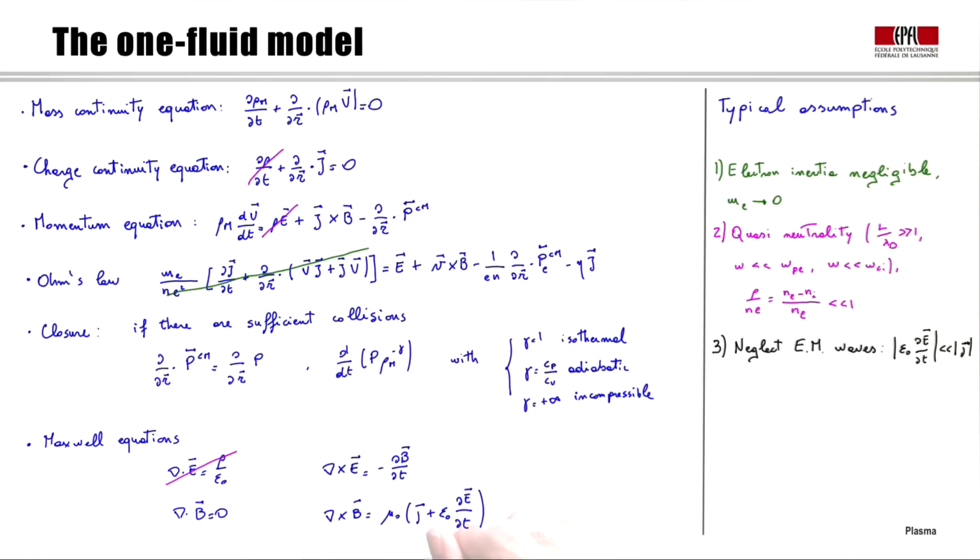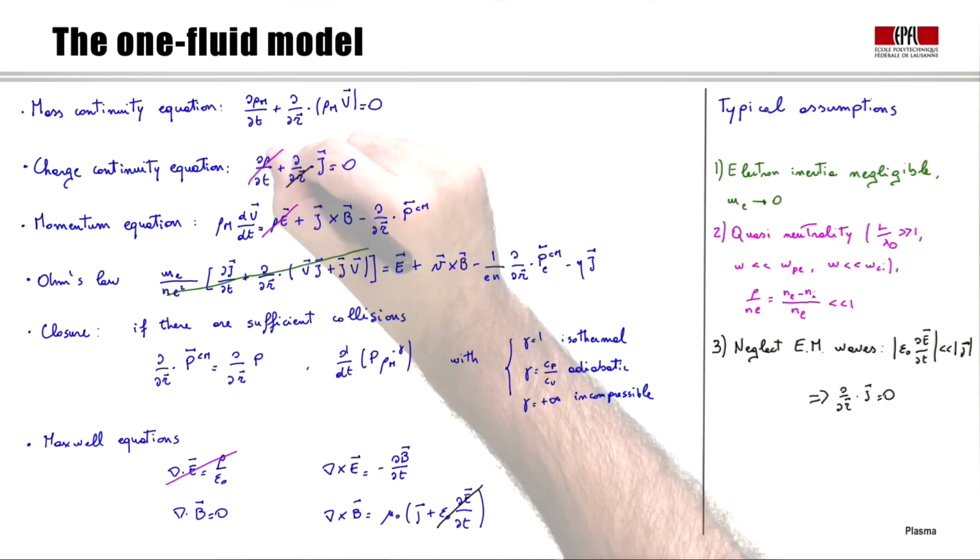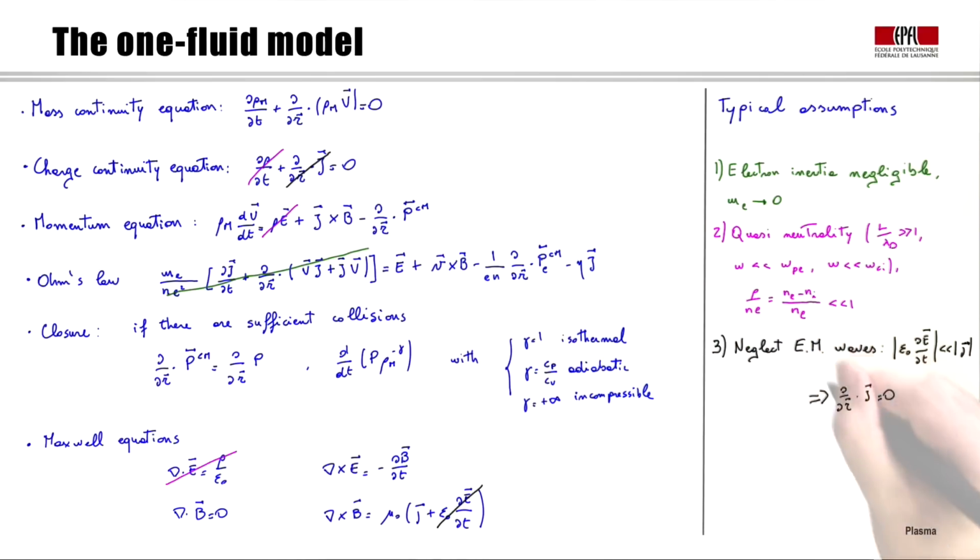This means in practice that we can neglect the displacement current in the Maxwell equation, and if you look here, what we will have is that the divergence of J will be equal to 0 all the time, as the divergence of the curl of B is equal to 0 all the time. Therefore, the divergence of J is equal to 0, which in practice tells us that also this term in the charge continuity equation can be neglected.